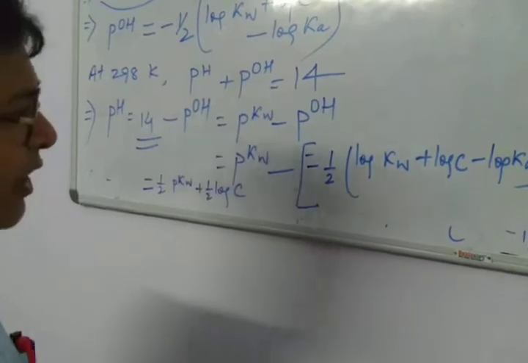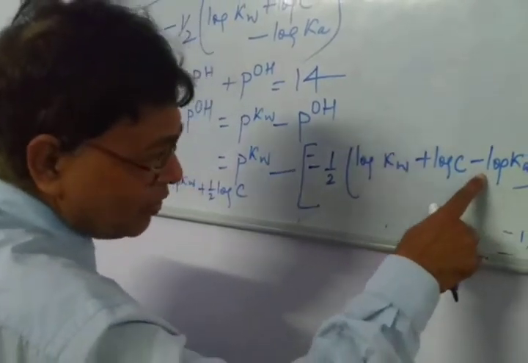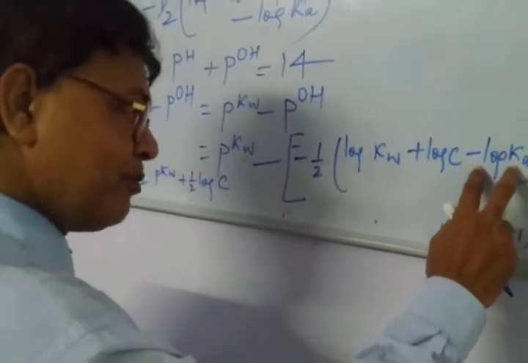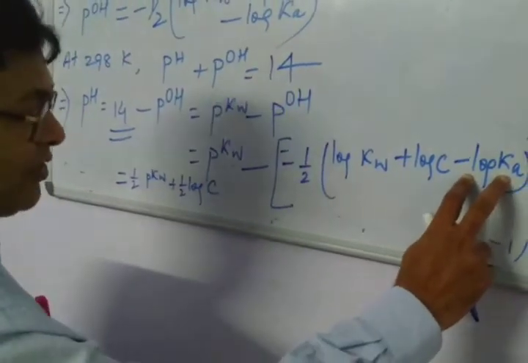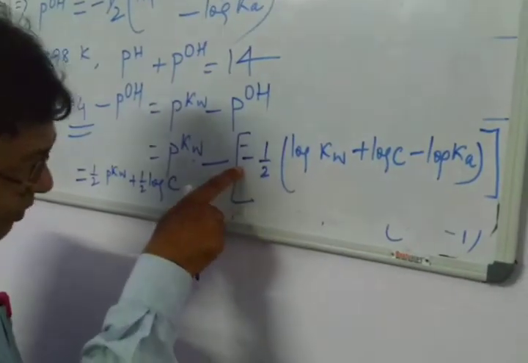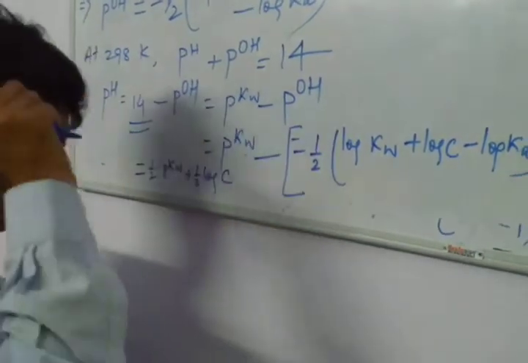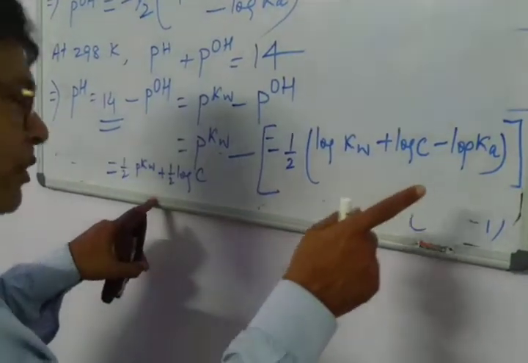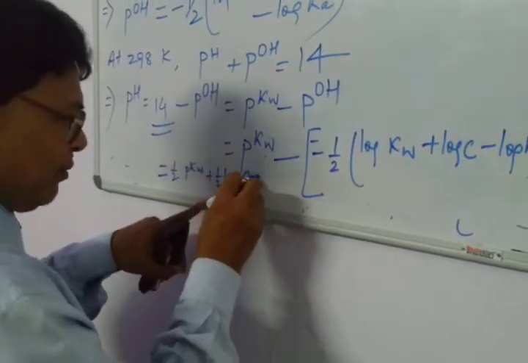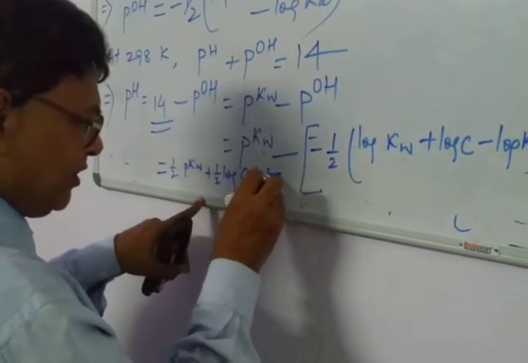Now check. Now here we have minus log Ka. This is pKa. This is pKa into minus sign, minus pKa into this minus sign plus pKa, and this half factor, plus half pKa.